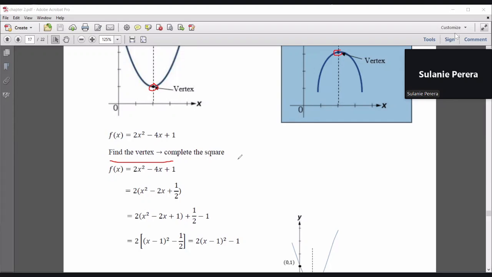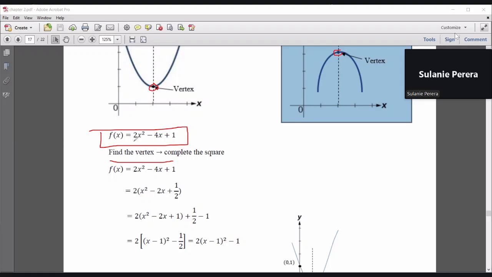So this is the given function, 2x squared minus 4x plus 1. So how do you compute the vertex? You need to complete the square. Remember I told you all, the coefficient in front of x squared should be 1.